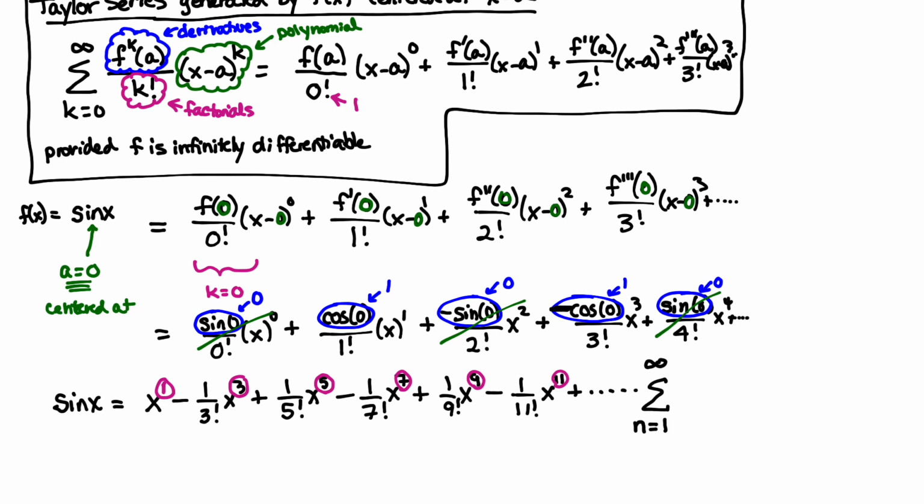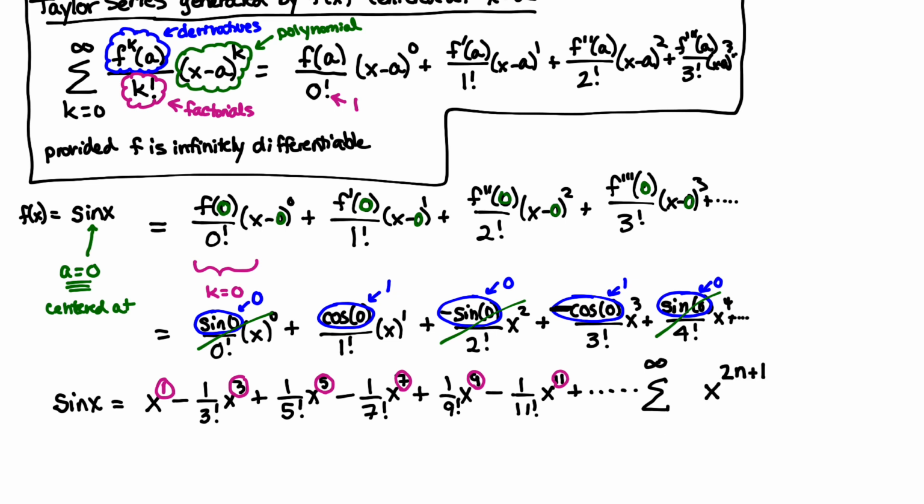Well, that would be x to the n. But then when n is 2, that would be x to the 2, and that's not good, huh? Actually, maybe I don't want to start at n equals 1. Or k equals 1. Maybe I want to start at k equals 0 or n equals 0. Let's see.